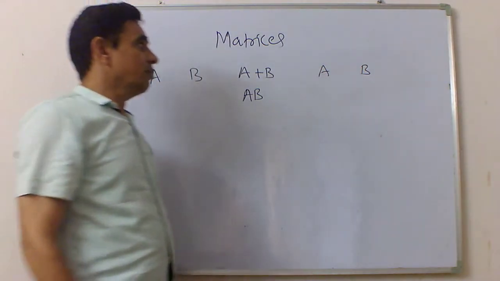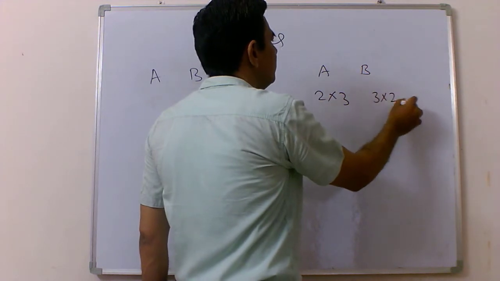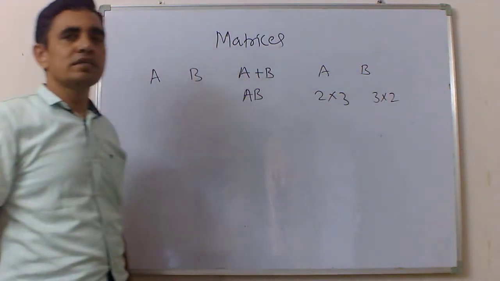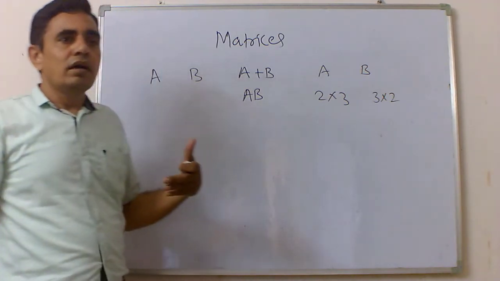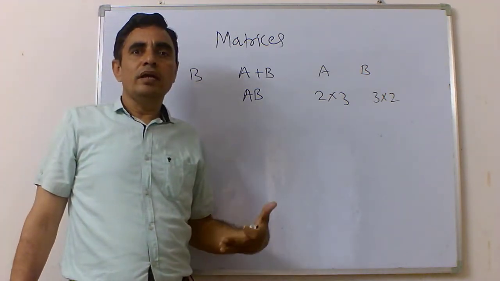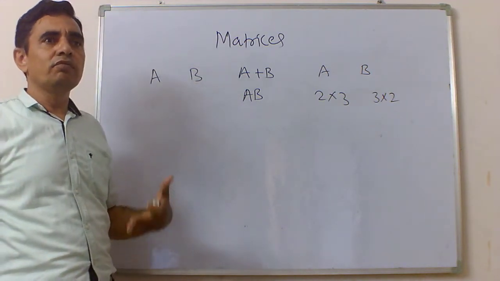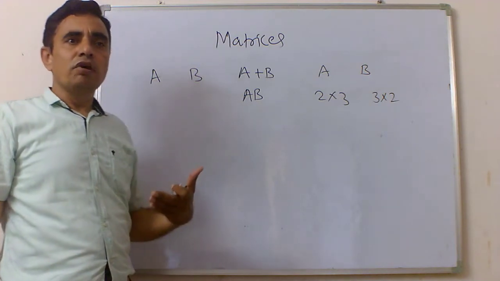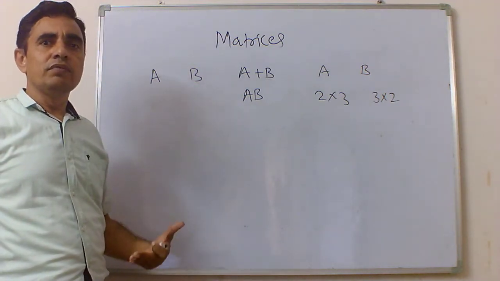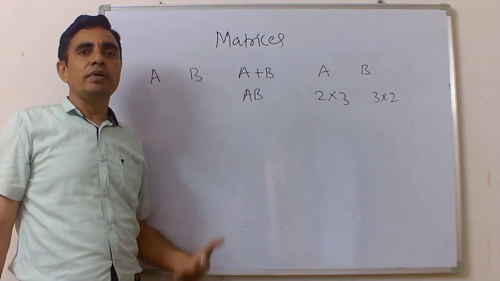If the order of A is, suppose, 2 by 3 and the order of B is 3 by 2, then addition of these two matrices is not possible. And if the orders of A and B are the same, then to obtain the addition matrix A plus B, we take the addition of the corresponding elements of A and B.